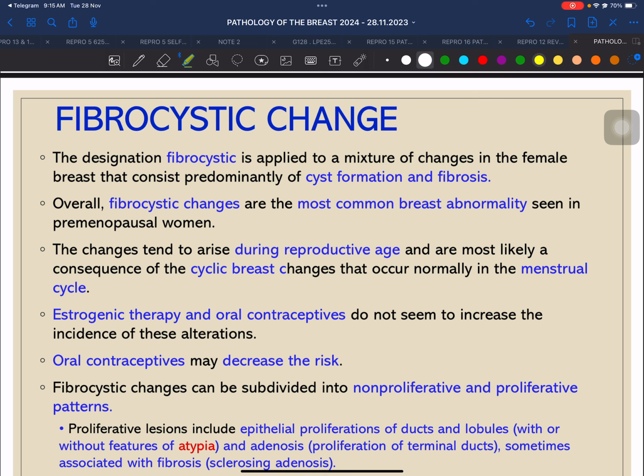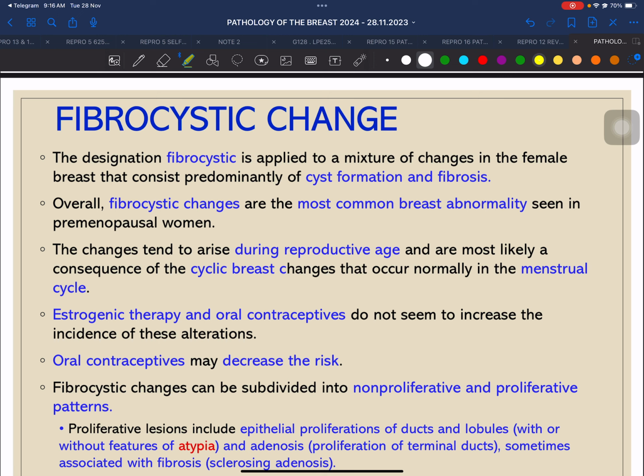Okay, and the changes tend to arise during reproductive age, and are most likely a consequence of the cyclic breast changes during the menstrual cycle. Any estrogenic therapy or oral contraceptive does not seem to increase the incidence of this alteration, and oral contraceptive may even decrease the risk.